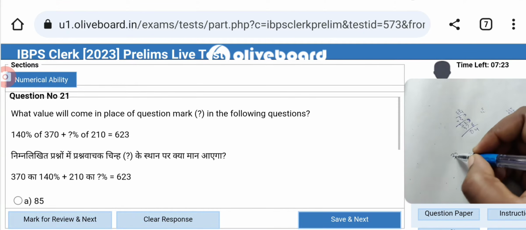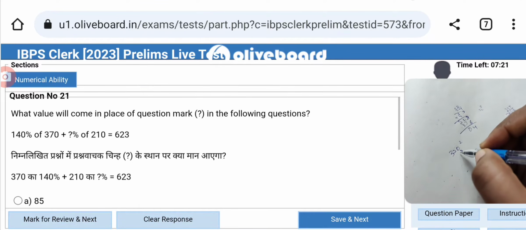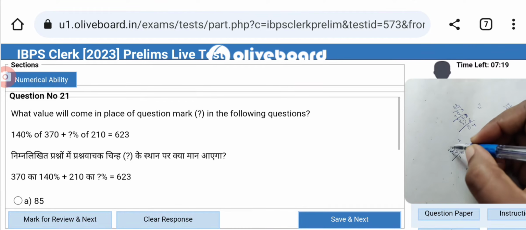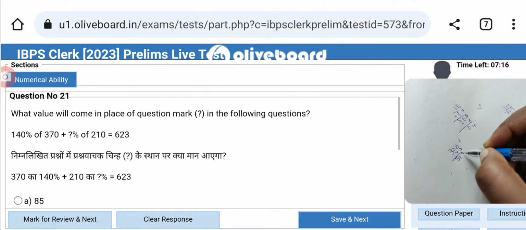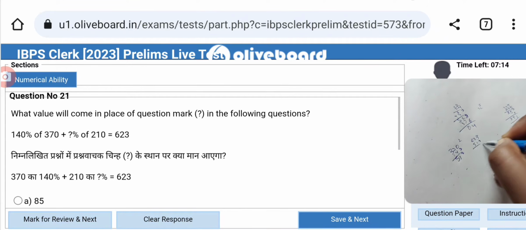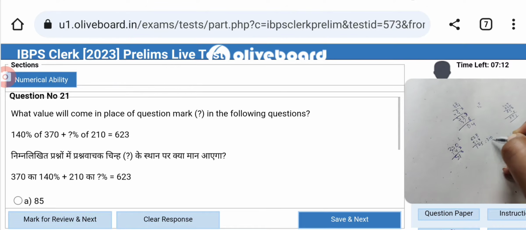So 37, 518, and 623 minus 518, 50, 0, 100x, 550.